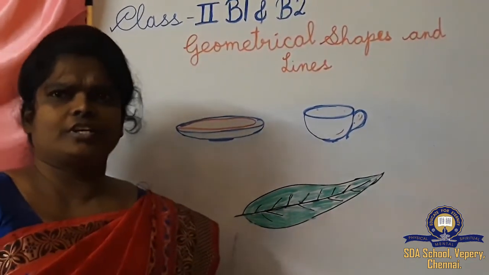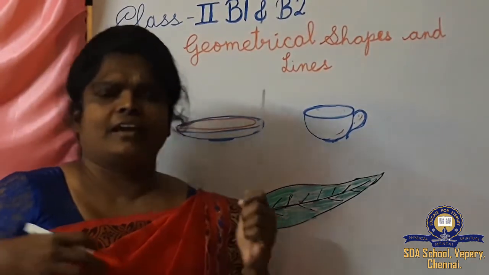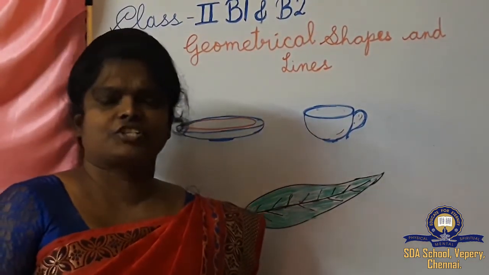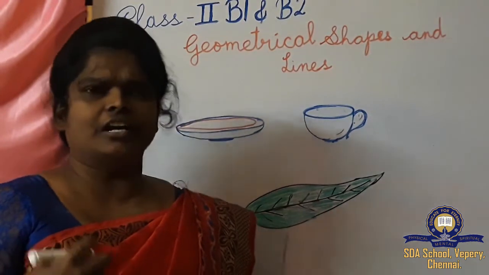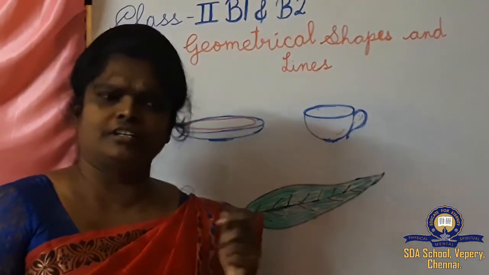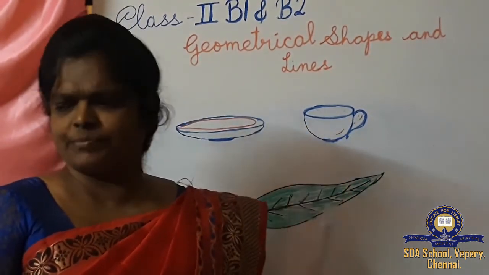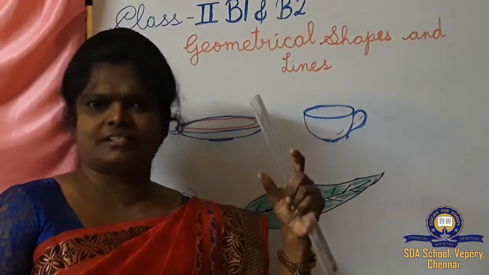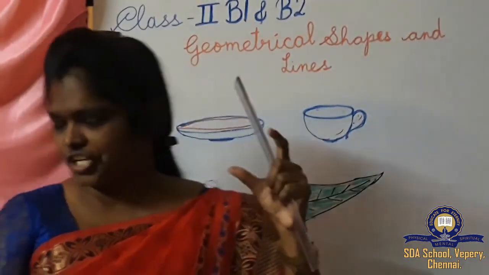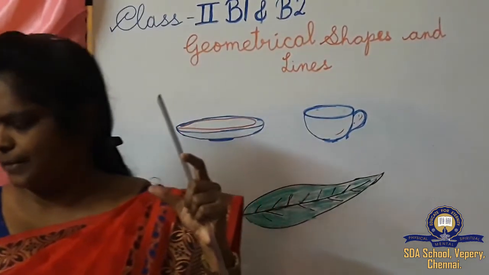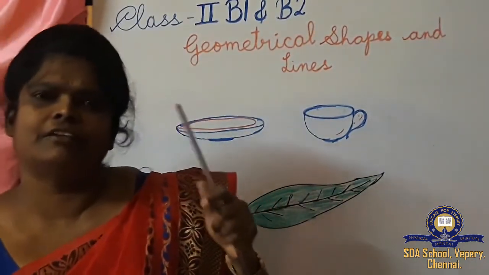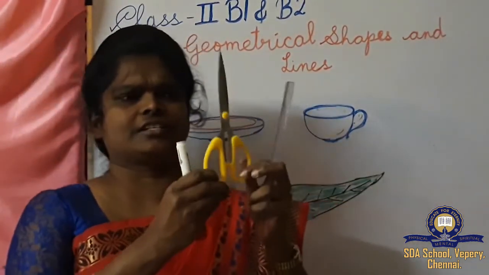Children, you can also look at any irregular shapes. You have many rough notes at home or anything, you take and just observe what shape this is, what lines are in this shape. Now I'm having a scissor.